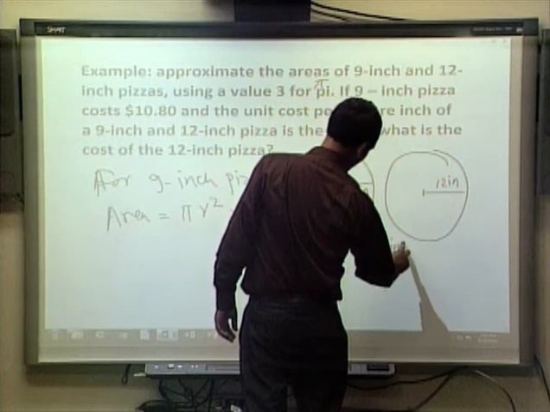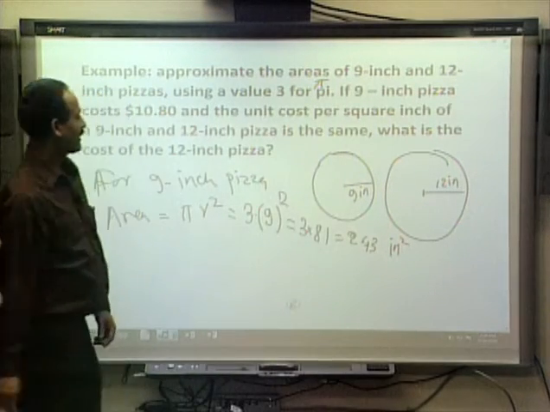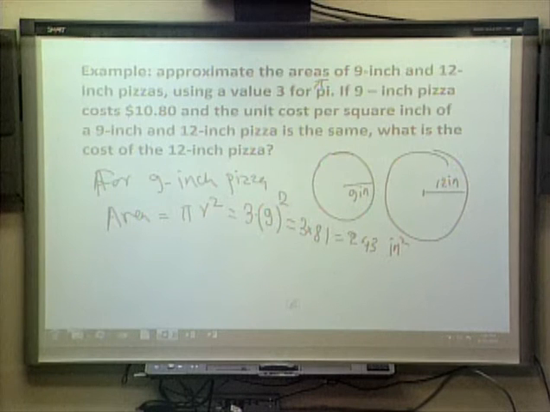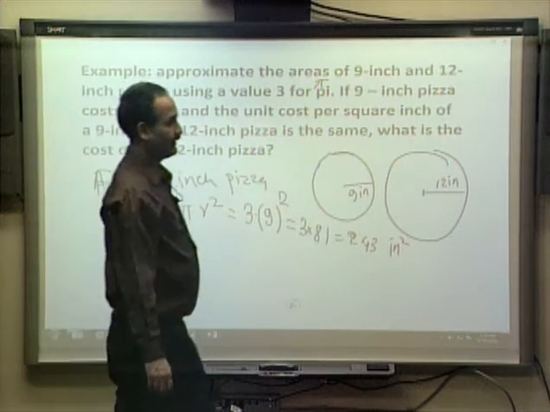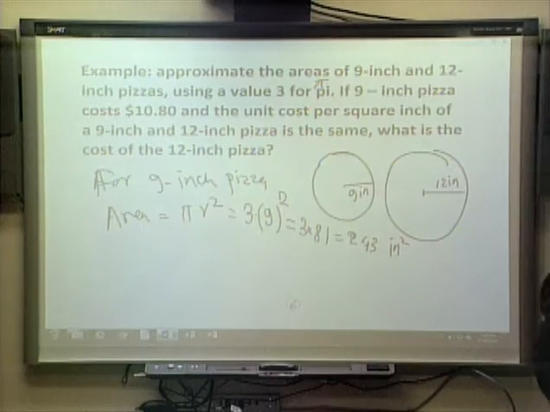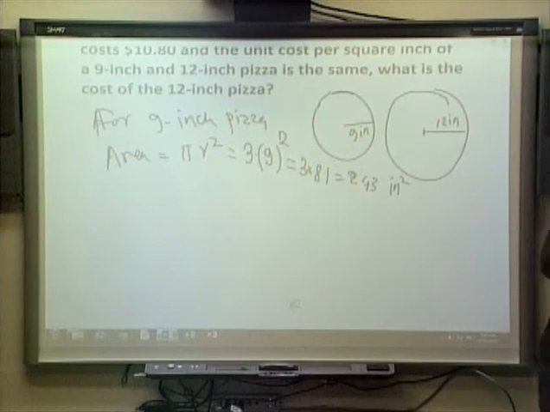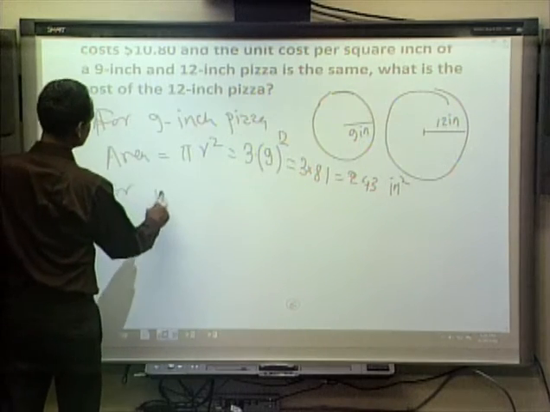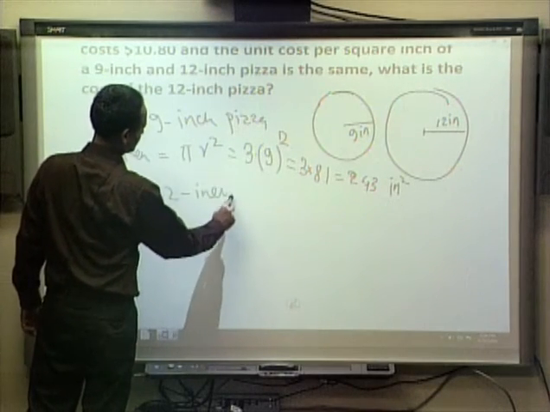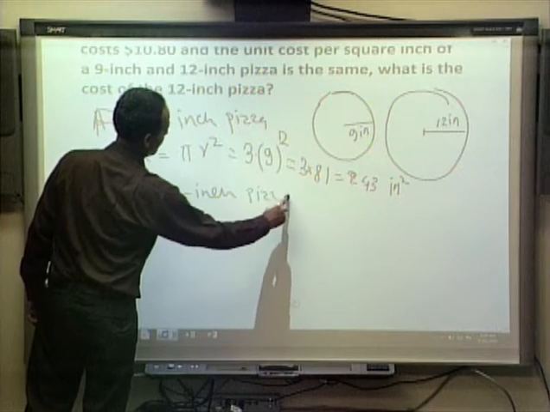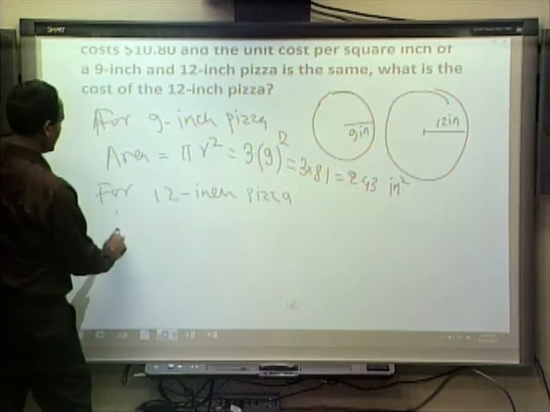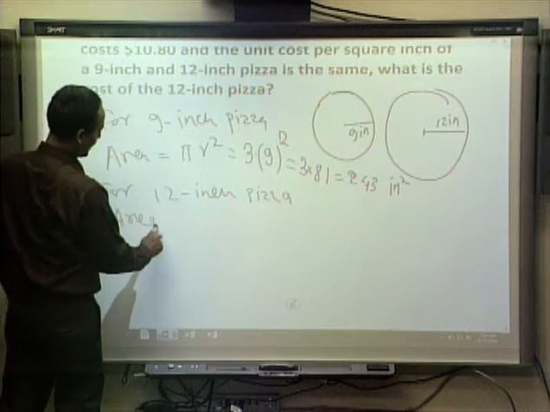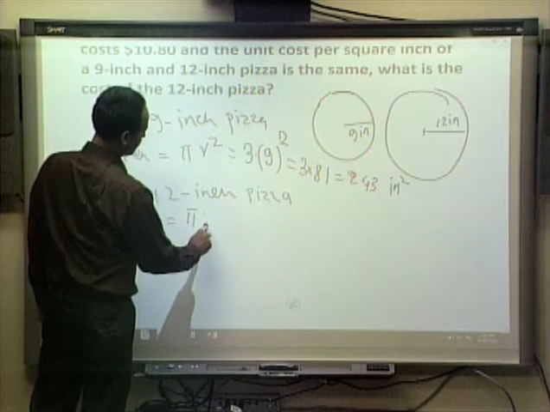Okay, that is the area of the 9-inch pizza, and it says calculate the area of the 12-inch pizza also. For the 12-inch pizza, the area using the same formula, pi times r square.